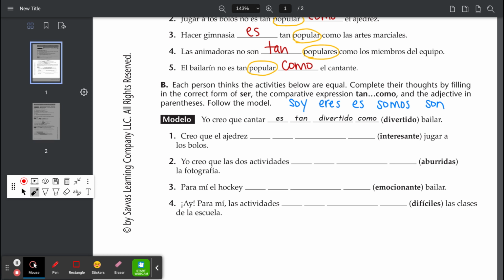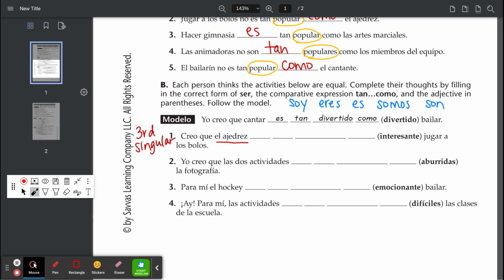So, number one, creo que el ajedrez blank. El ajedrez means chess, so it is considered third person singular. Soy is I am. Eres is you are.